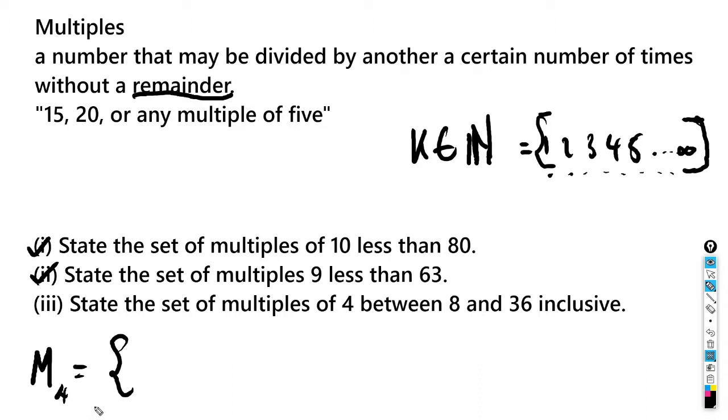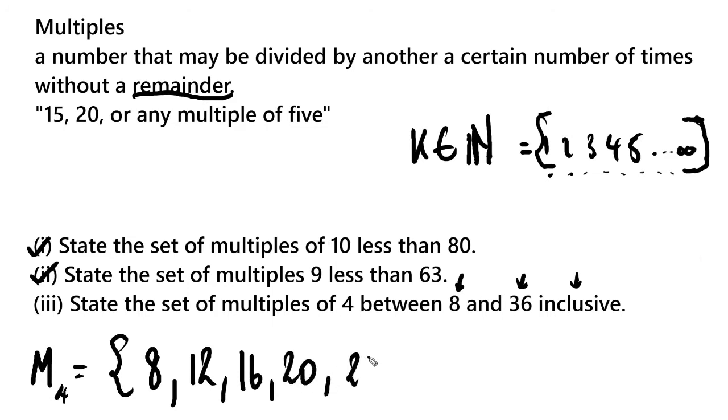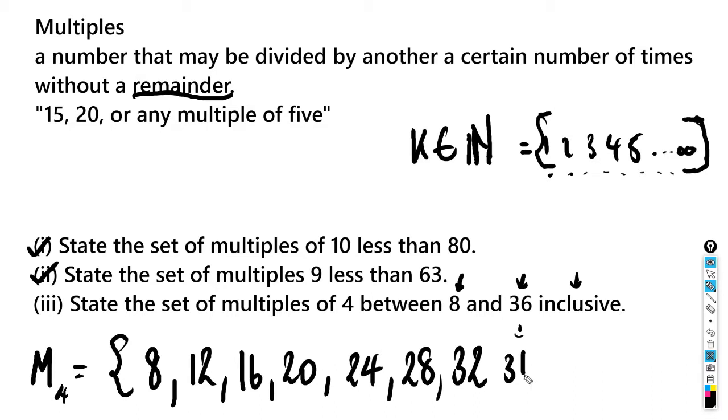We're going to start off with 8, because 4 is a multiple of 4, but it's not between 8 and 36, and we're including 8 and 36. That's what inclusive means. So it's 8, 12, 16, 20, 24, 28, 32, and we're also going to include 36.